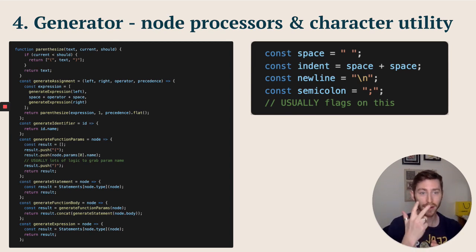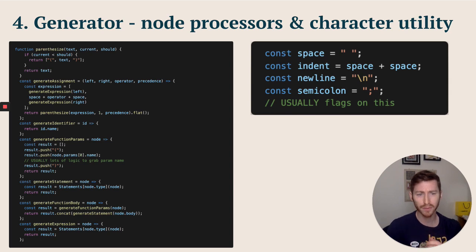So there are 3 types of code we have within our compiler. The first is here, which is the node processors and character utilities. On the left, we've got the general utility functions used to process AST nodes, and it depends on the type. So for example, a function declaration will have an identifier, so we know we can use that, and then we will be building our source code.